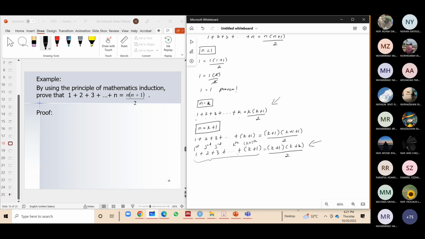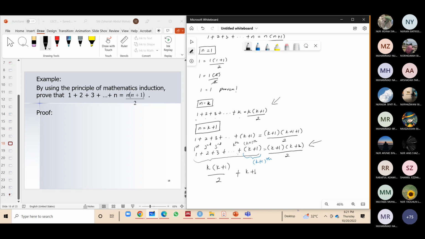So summation from the first to the kth number, the total is k times (k plus 1) over 2, and then plus this number. This is the (k plus 1)th number. So you have to add up this total plus the (k plus 1)th number.